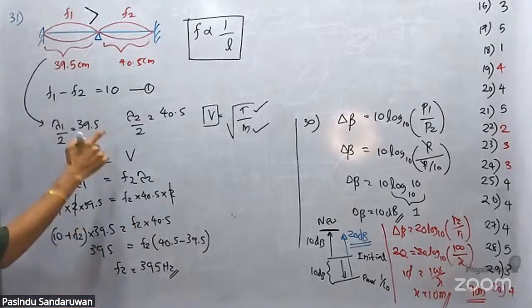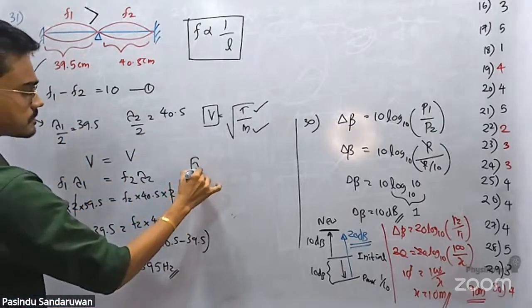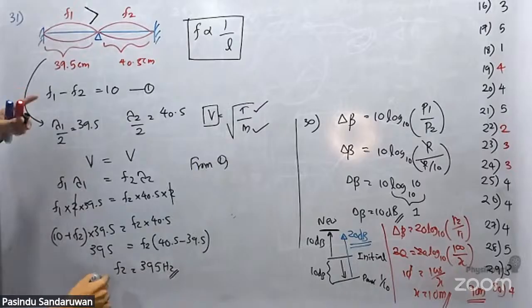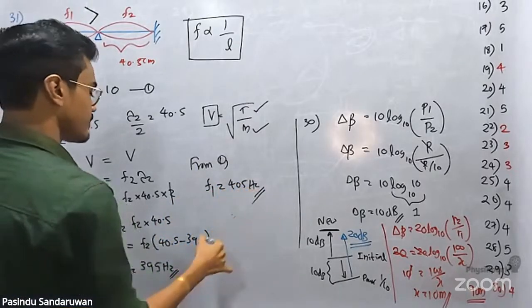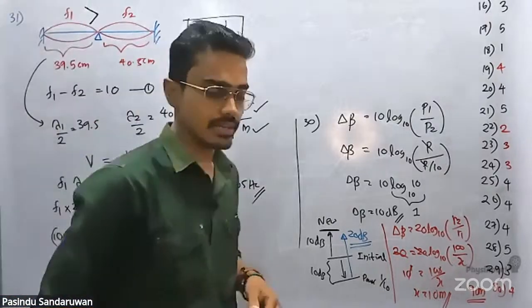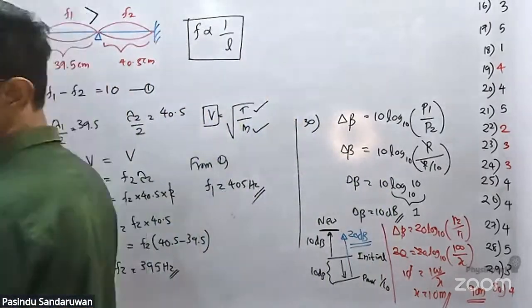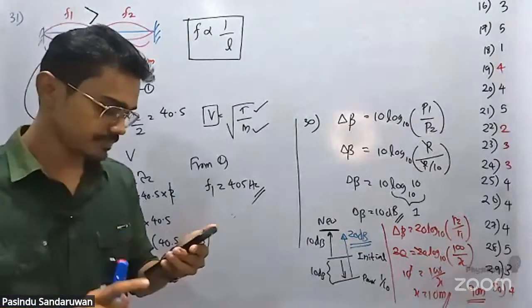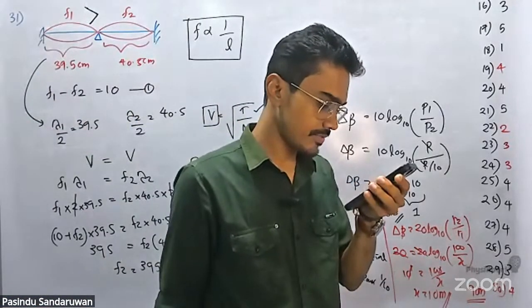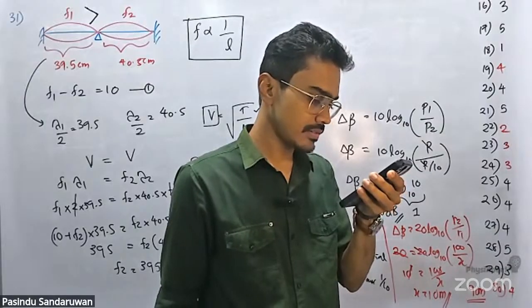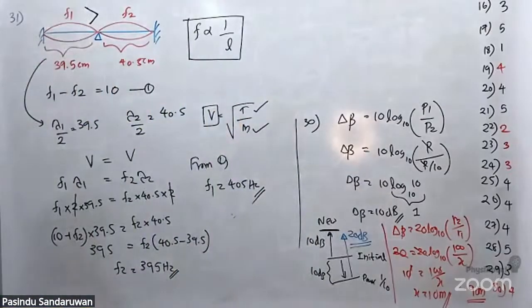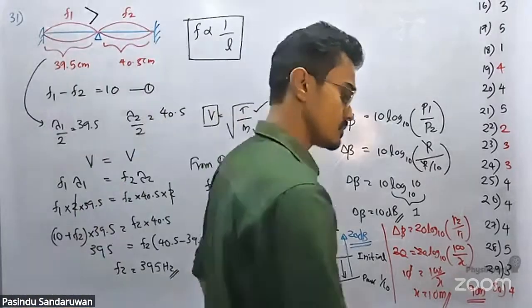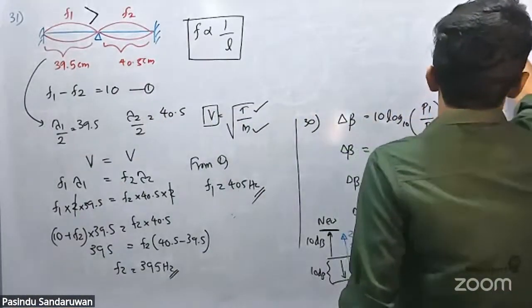If F2 is 395, from 1, F1 is 405. Right? 405 and 395. For 31, answer 3.